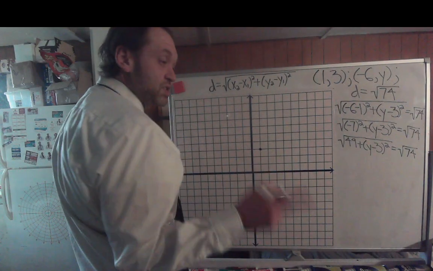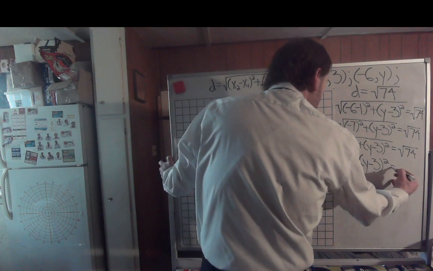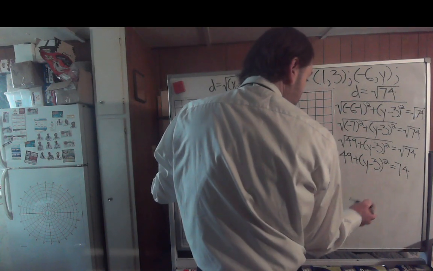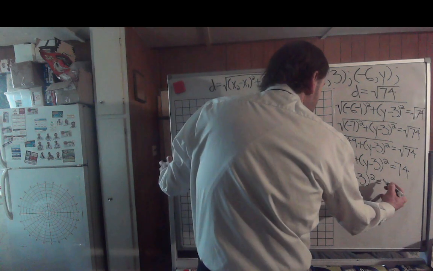So now let's go ahead here and square both sides and get rid of the square root. This would become 49 plus that y minus 3 squared equals 74. And then if we do the subtraction, you would end up getting y minus 3 squared equals 25.